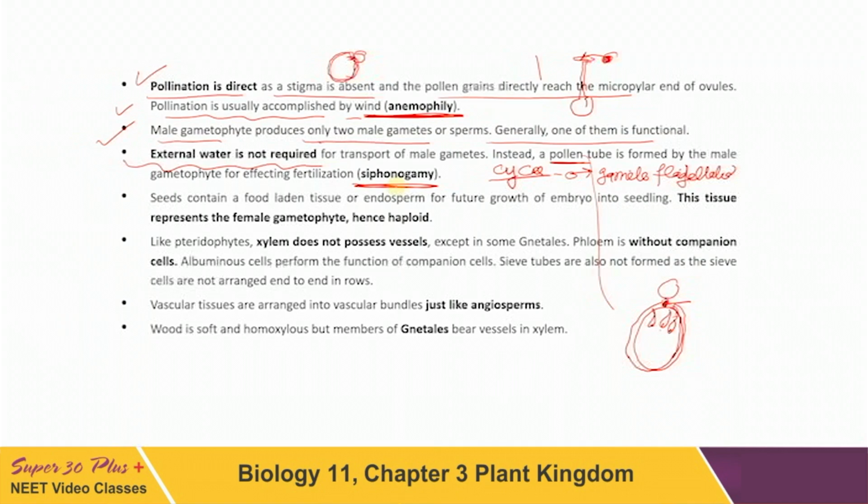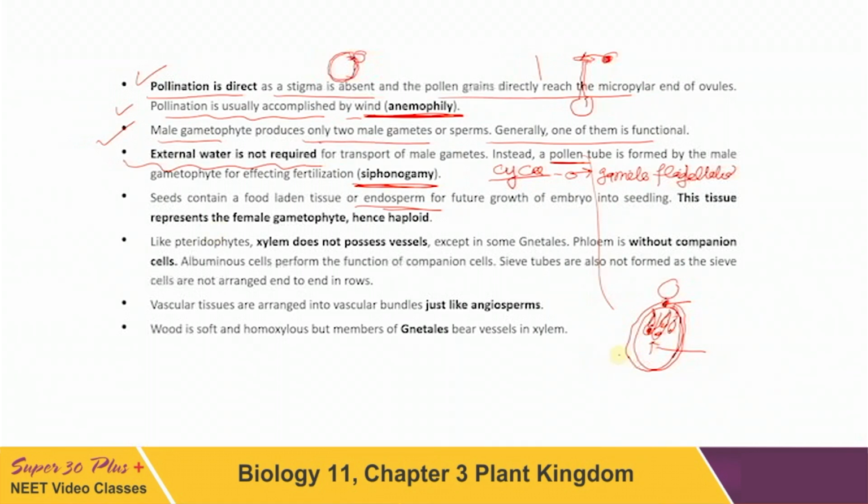Right? What happens now? The seed contains food-laden tissue, the endosperm, and you see this is the endosperm. In the archegonium, the zygote is formed. The zygote will develop into the embryo, and the embryo takes food from the endosperm.